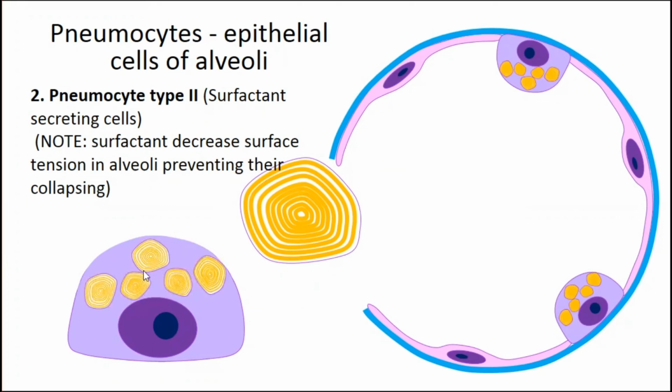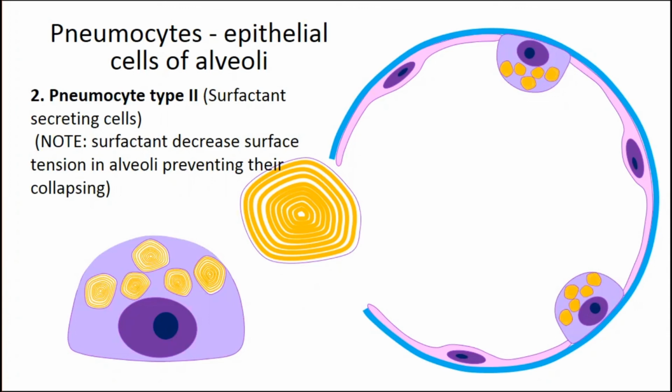It's a substance which is composed of proteins and phospholipids, a complex of substances, and which decreases surface tension in alveoli, which prevents their collapsing. I think you know about surface tension.